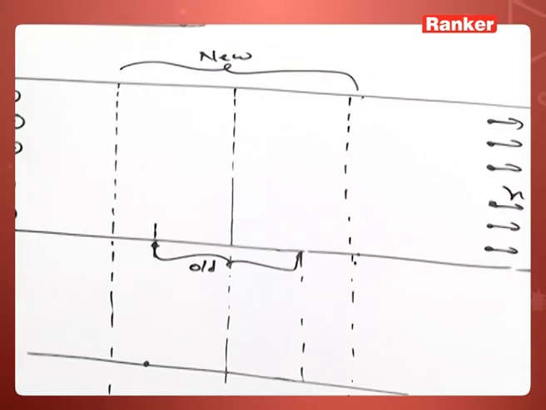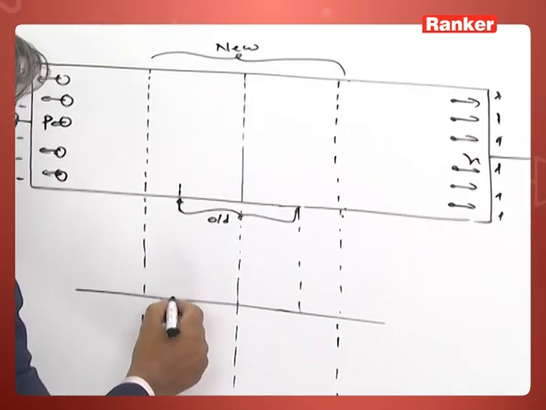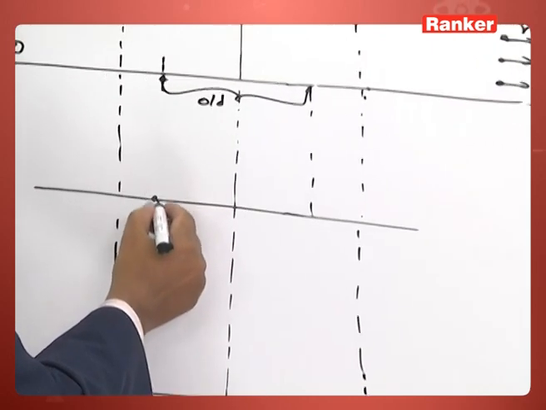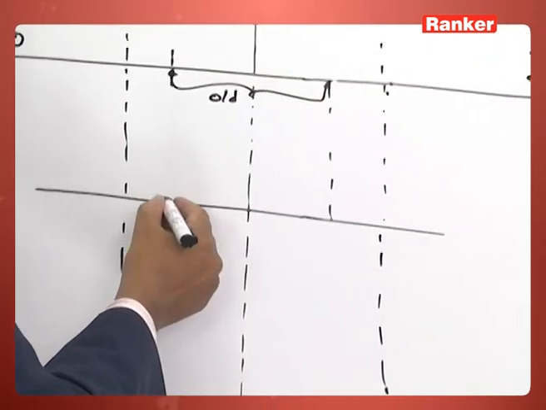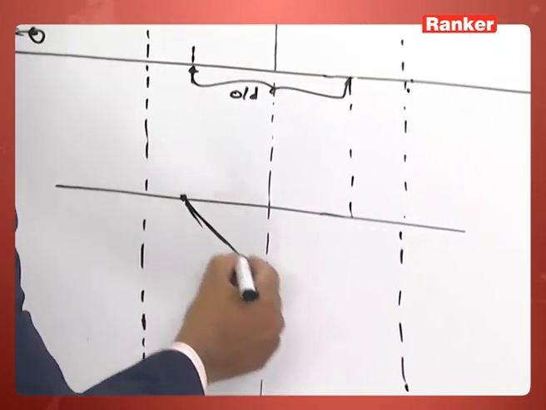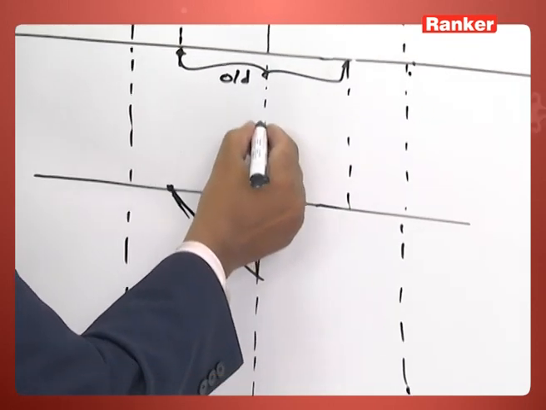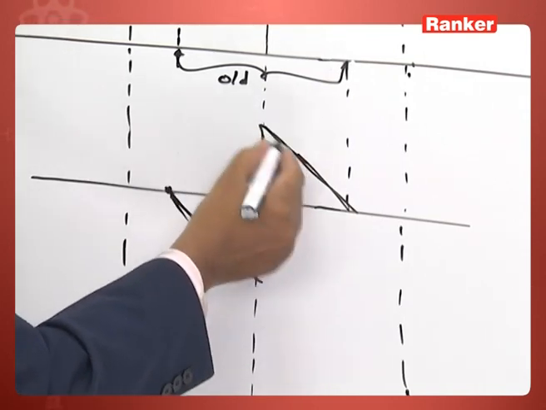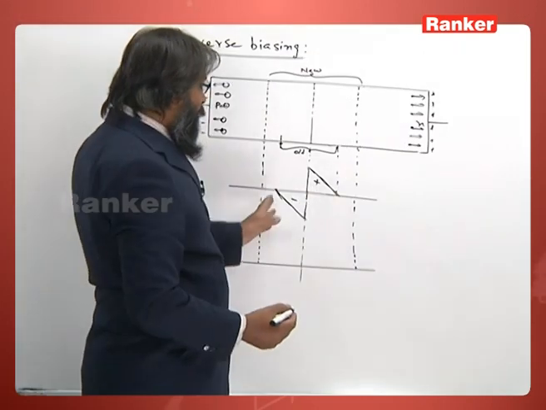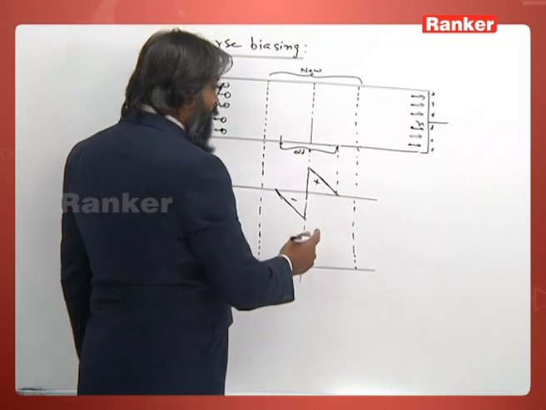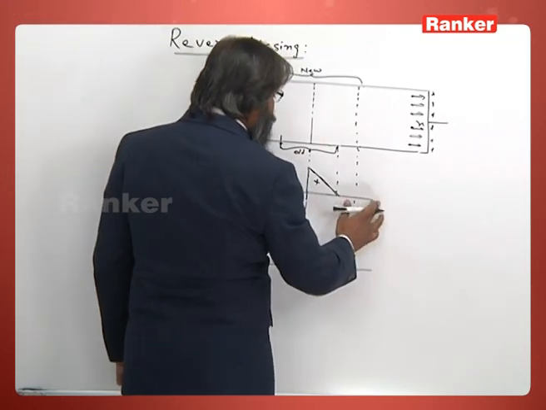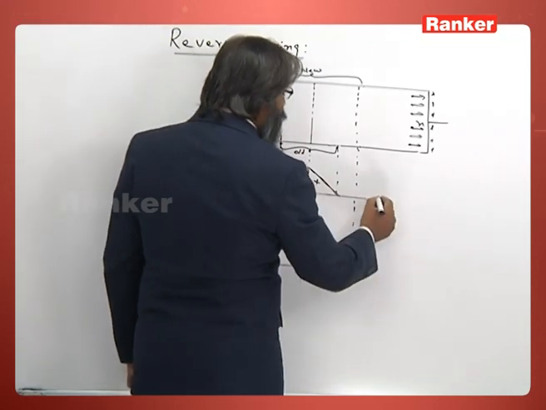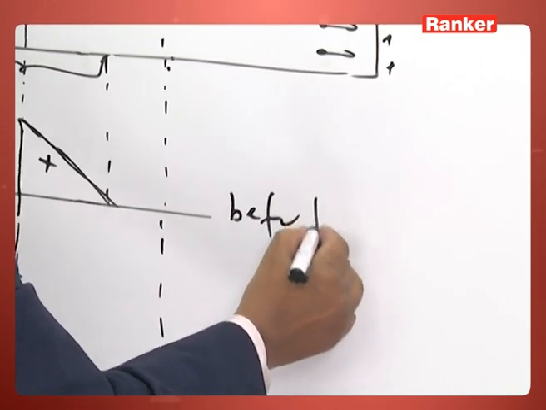So you see here, this is old. At this junction, what is happening? This is negative, and here you see this is positive. So this is the situation of the potential barrier at the junction before biasing.